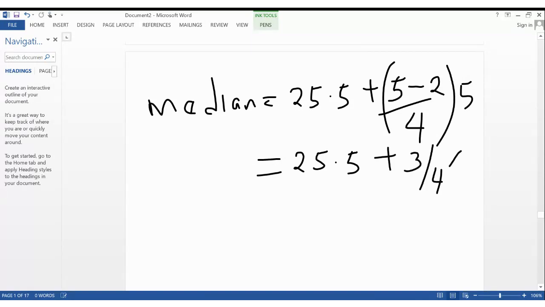So 12 divided by 4, that is 3. No, sorry. 15 divided by 4, and then plus 25.5. 29.25. Let me go back and check who got it.